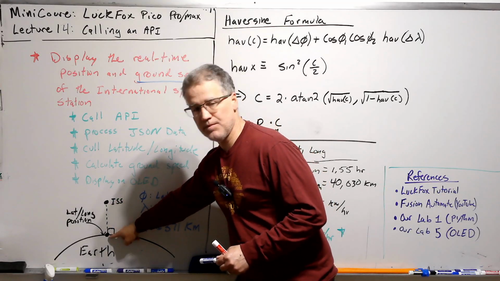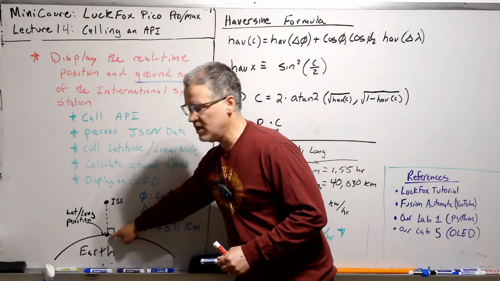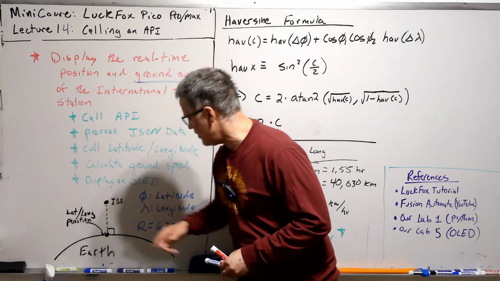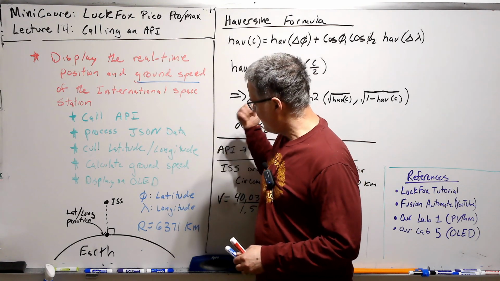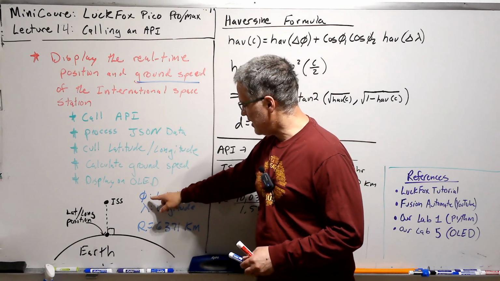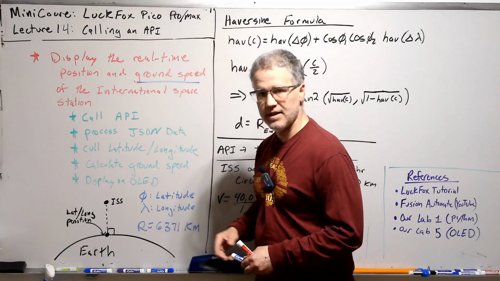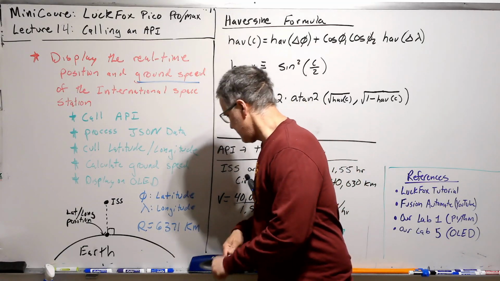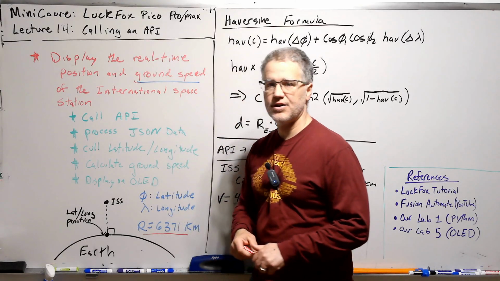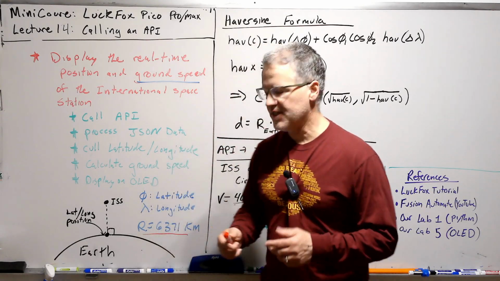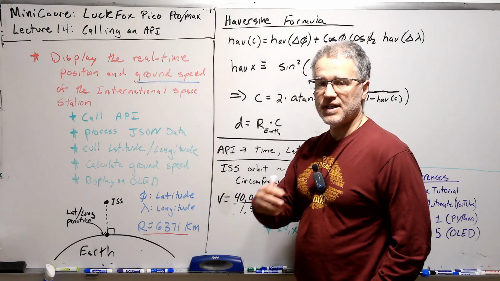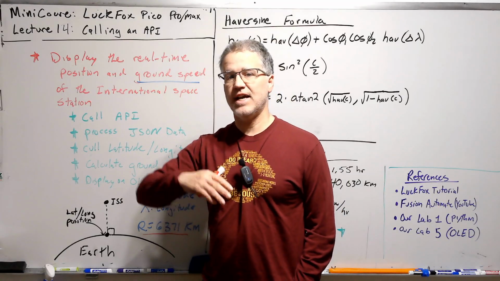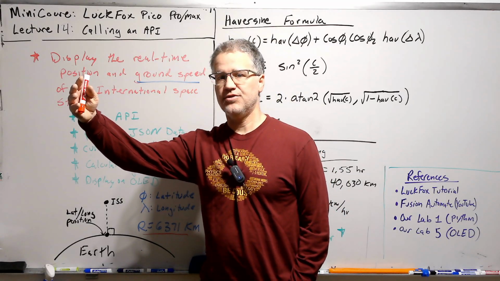We look at the latitude and longitude position on Earth where that normal line originates. For our formula, we'll use phi for latitude and lambda for longitude. As reference, the radius of the Earth is a little over 6,000 kilometers, and we're going to need that to calculate the ground speed based on changes in latitude and longitude as we gather the data.